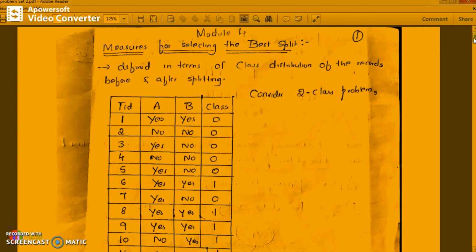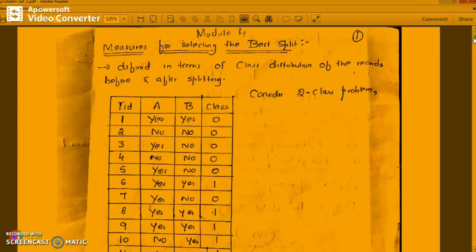Or if the answer that you get for entropy, Gini or classification error after substitution is 1, that means the degree of impurity is high. So we are not expecting the answer 1 or the maximum value. We are always expecting the value for all the 3 measures to be 0 or almost equal to 0. So we are expecting a low degree of impurity.